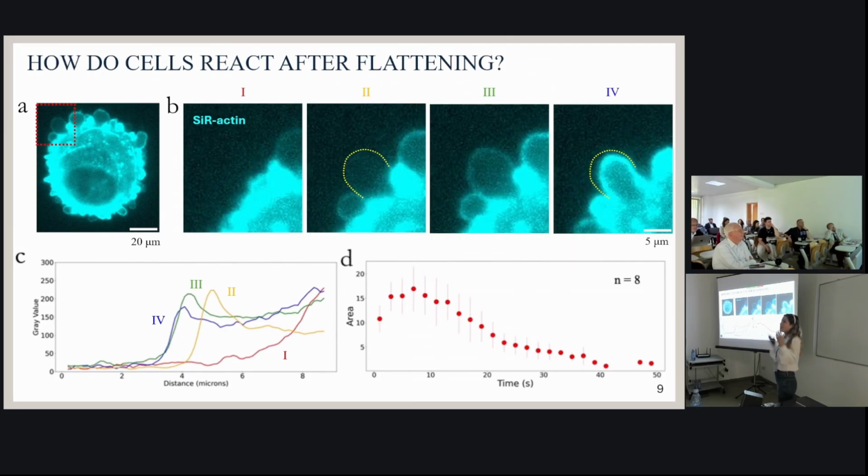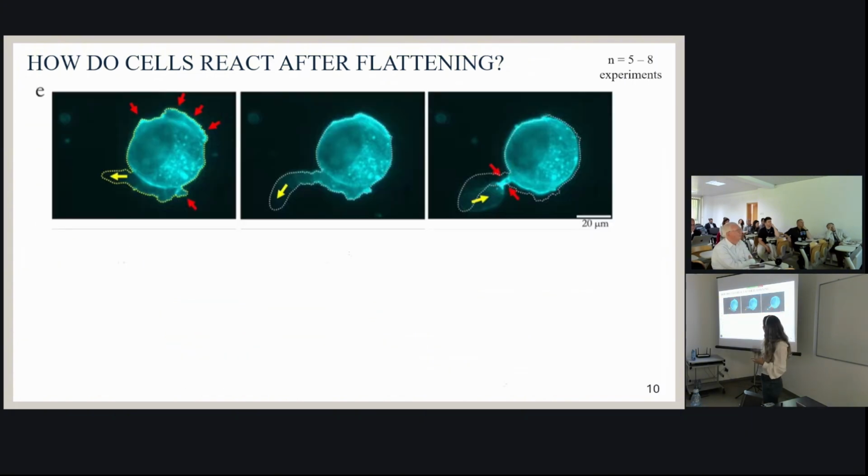We found another scenario in the cell after we flattened it. In this second scenario, this is a bleb, this is the remaining cell body, and we can see that this little bleb is expanding from the cell, but at the same time, this part of the cell is contracting to maintain overall stability.